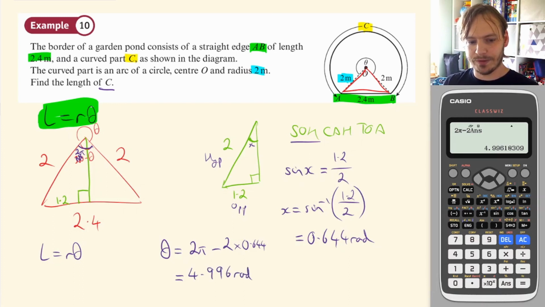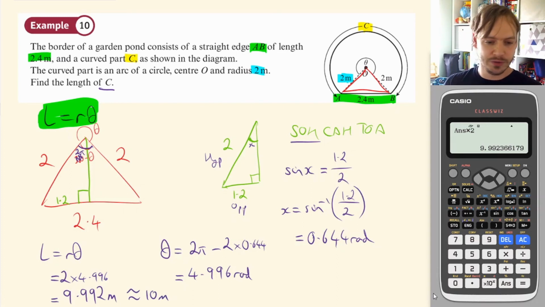This is the angle theta, so L equals 2 times 4.996, which is going to be equal to 9.992 meters. We might well round that off to approximately 10 meters, and that would be reasonable. 3 significant figures is fine. That is pretty close to exactly 10 meters.